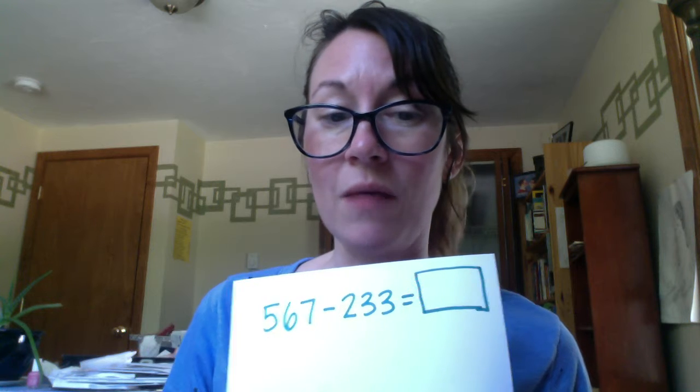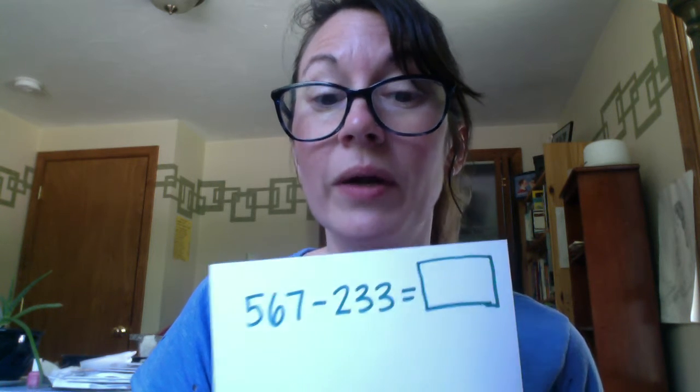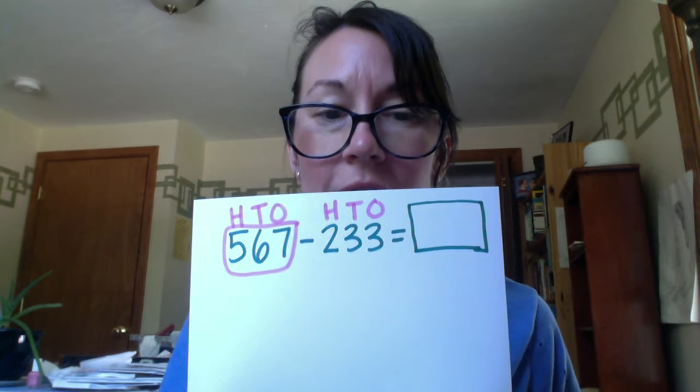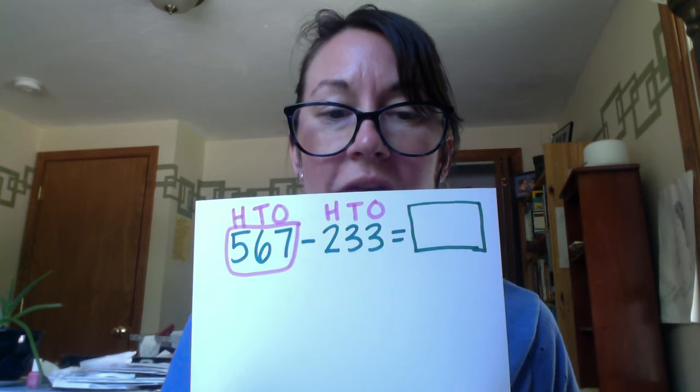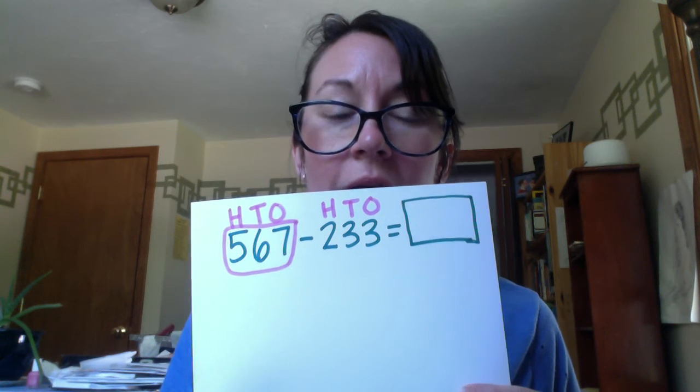I just go right up. So let me go mark my HTO and circle the bigger number. There we are. There you go. See, I marked the HTO on both my numbers and I circled the bigger number.